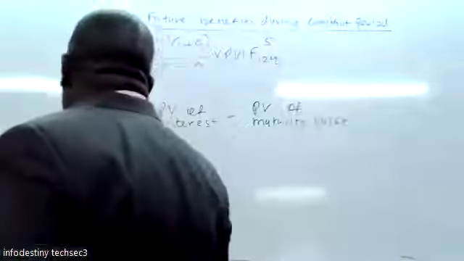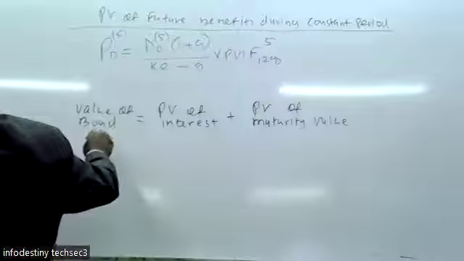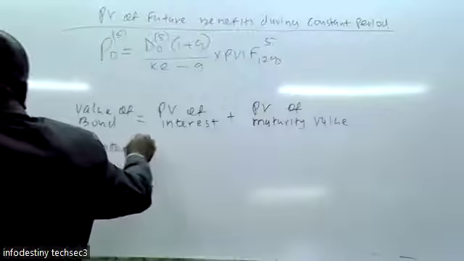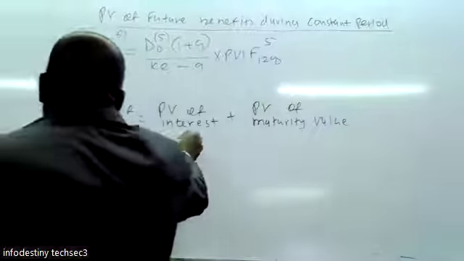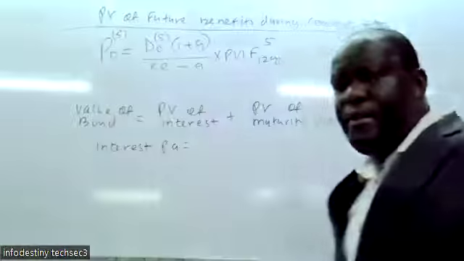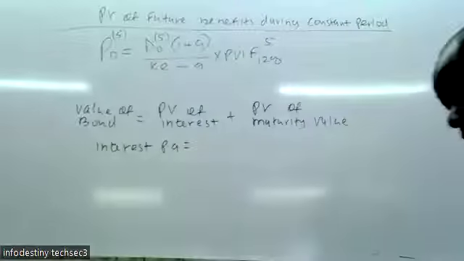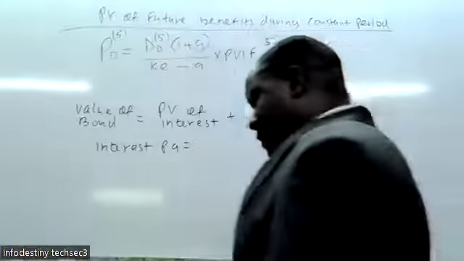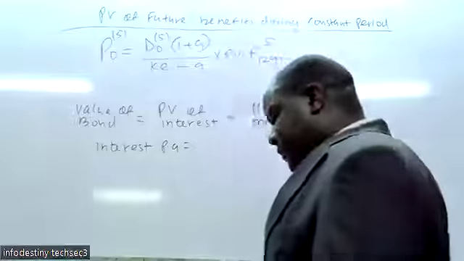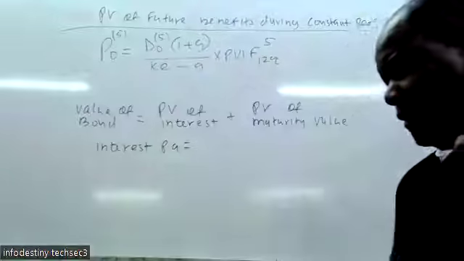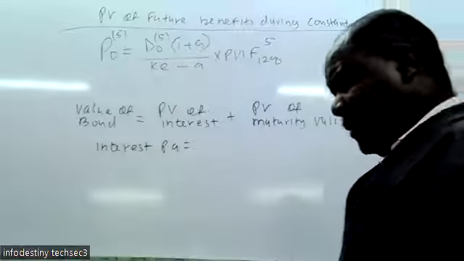So first, you compute interest per annum. Simply take what we are given there as the interest rate, which is 10%.